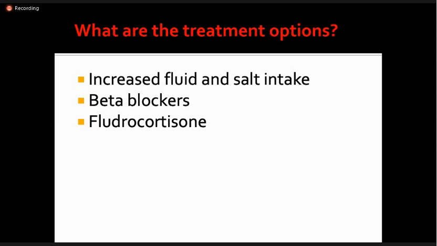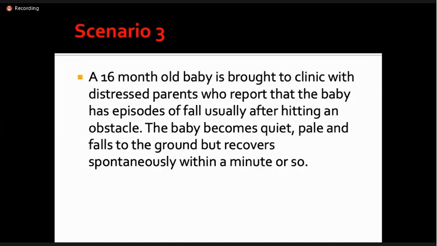So both of these can be useful in treatment of these patients. Okay. It's rare to find such troublesome syncope. Most often just reassurance and a general advice is adequate. Okay. So this is a typical case of vasovagal syncope, which constitutes about 3/4 of all the patients that we see with syncope. Now we move on to another scenario.